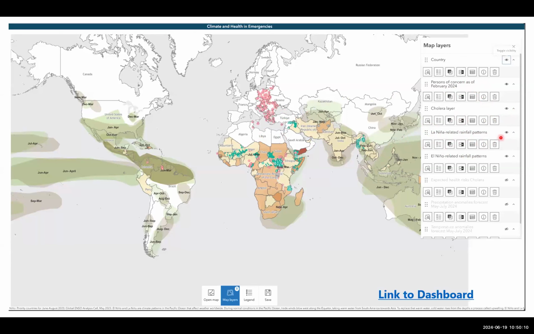For climate-related information, we're lucky to have colleagues from WMO within the working group, so they provide a lot of guidance on what are the most relevant at the global scale. But also, even though it's at global, most of the work that we do, like the vulnerability analysis, goes into local scale.